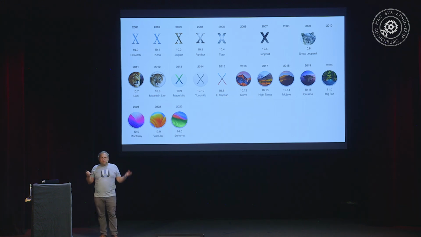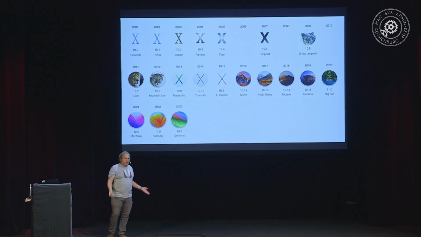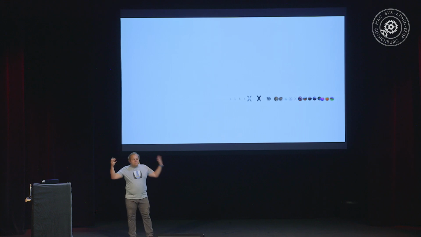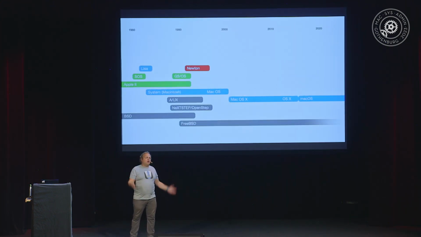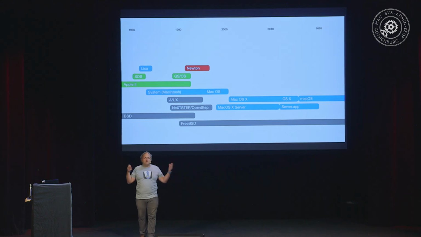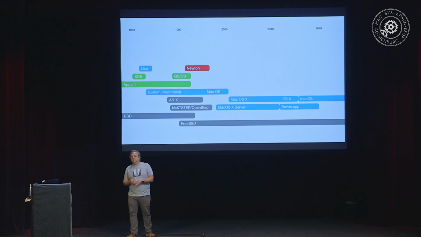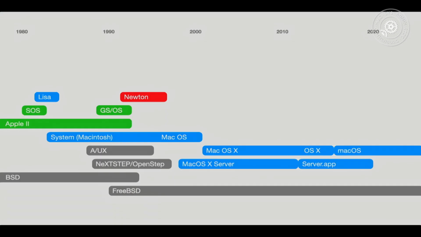So this is, of course, just the history of macOS and macOS 10, but this fits into a larger history of all the operating systems in the Apple ecosystem and the ones that influenced macOS, like NeXTSTEP and BSD and FreeBSD, and of course the classic Mac OS and the Apple II and Newton and Lisa and everything that came before.